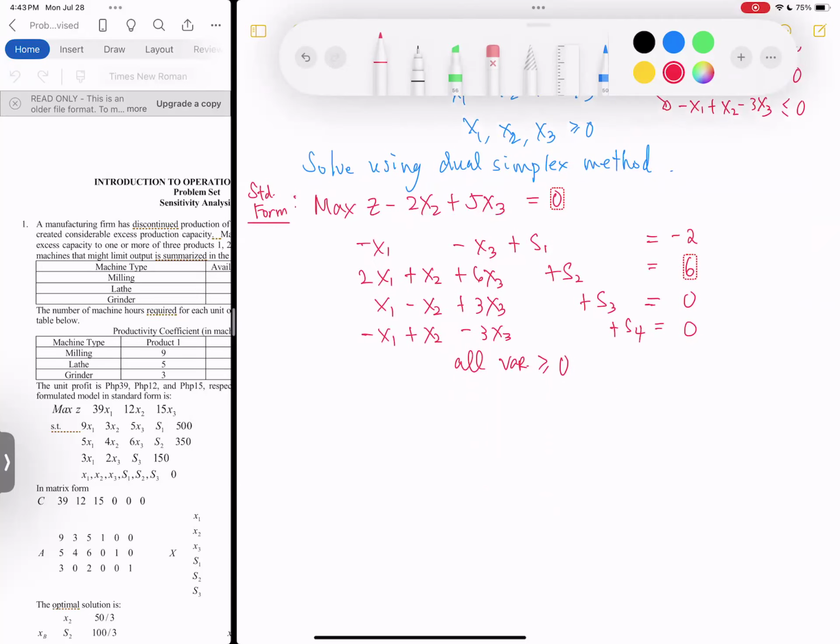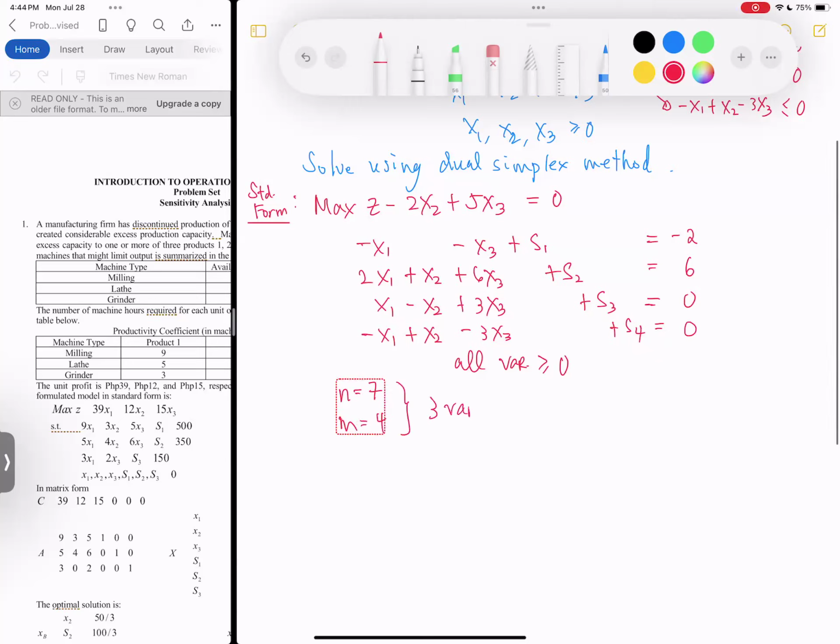After standard form, what do we do? So we get the initial basic feasible solution. Okay, initial basic feasible solution. So you have n equal to, very clear, 3 decision variables and 4 slack variables. So n equals 7. And m is equal to the number of equations you have, 4.